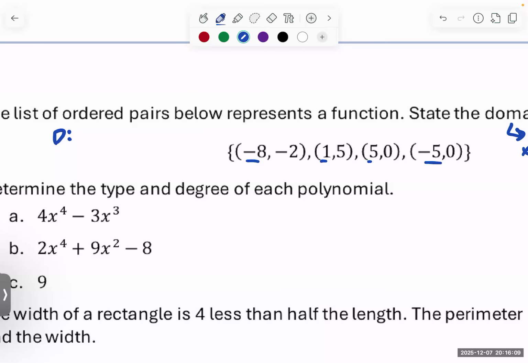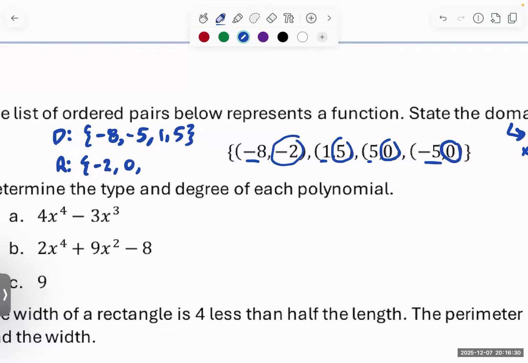In this case, it's -8, -5, 1, and 5. List them in order if you can. And the range is just the y values. So in this case, it's going to be -2, 0, 5. And that is your final answer.